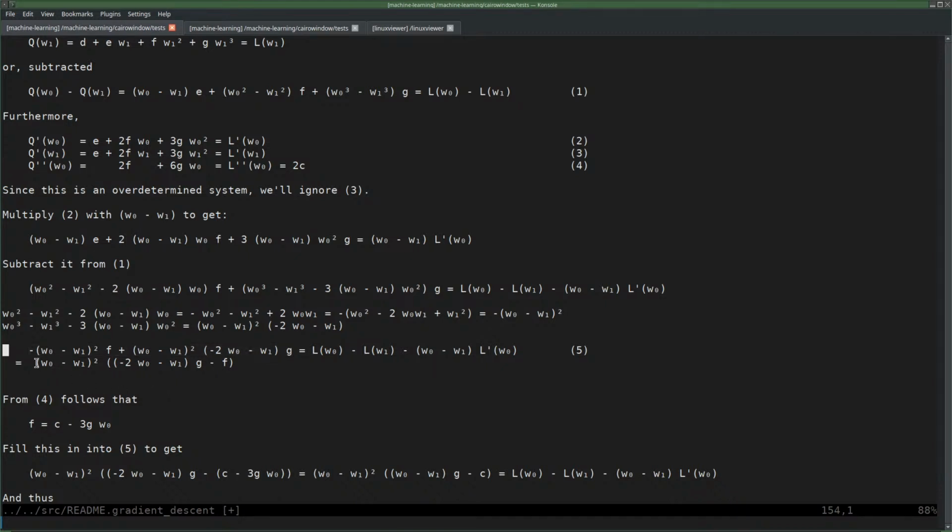Well, we have the W0 minus W1 squared times minus F. And then we have also a G with that factor. But then we have to multiply it with this. So this part is that part. That looks correct.